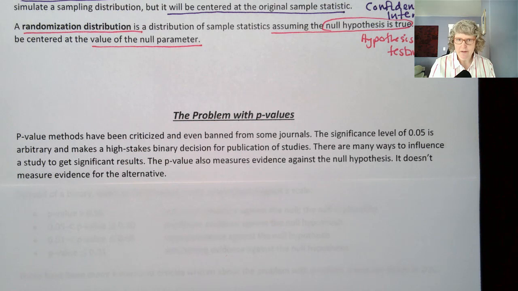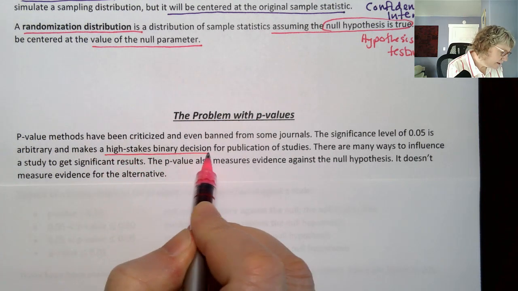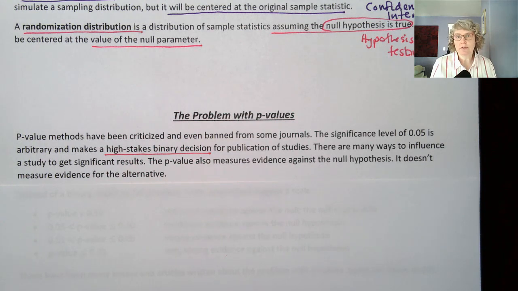It makes this binary decision, and it's a high stakes decision if you're trying to get your results published in a study. So what if it comes out to 0.0501 versus 0.0499? Is there really a difference between those two?